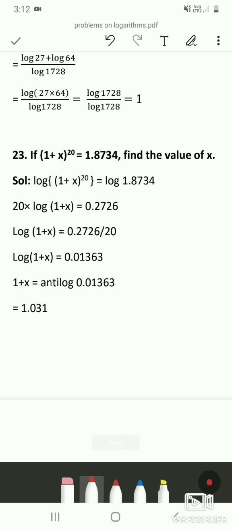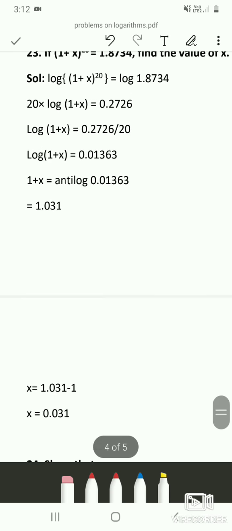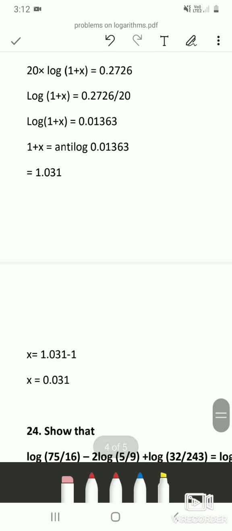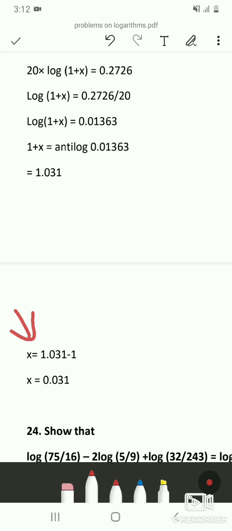Therefore the anti-log of this term is 1.031. That is 1 plus x is equal to 1.031, but you want the value of x. So therefore x is equal to 1.031 minus 1.